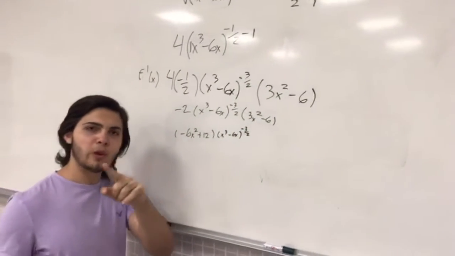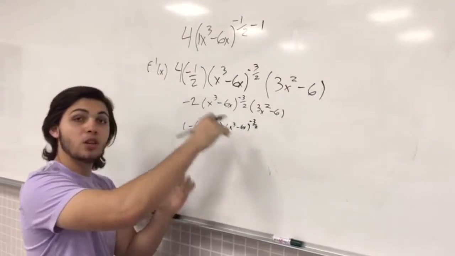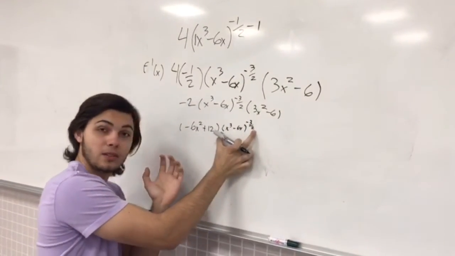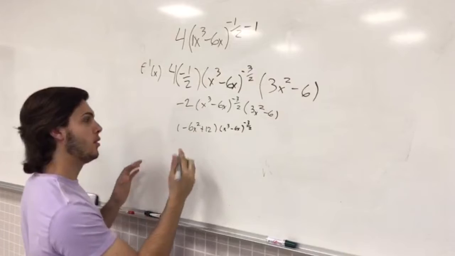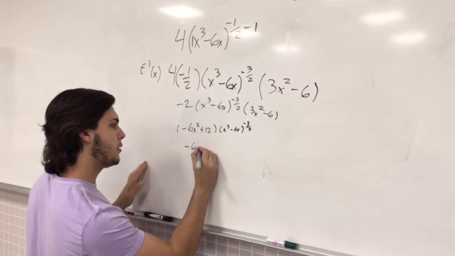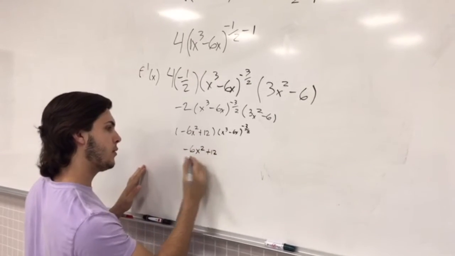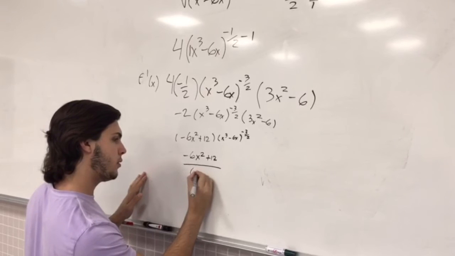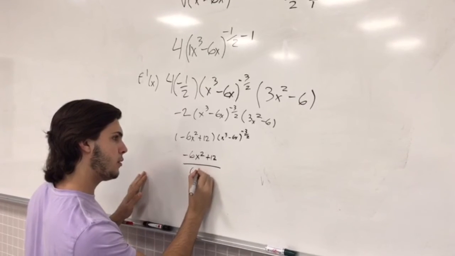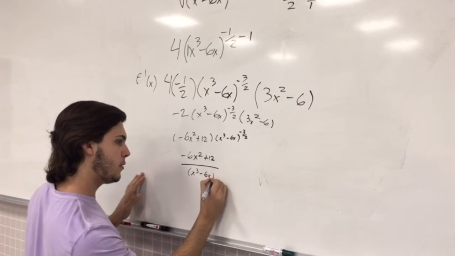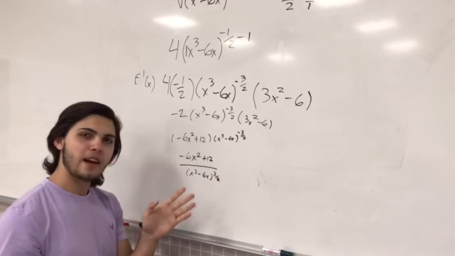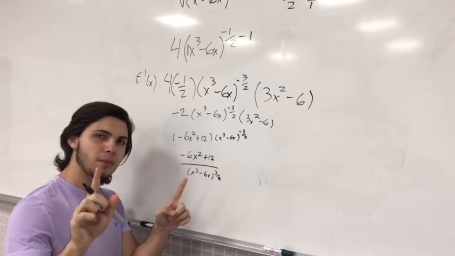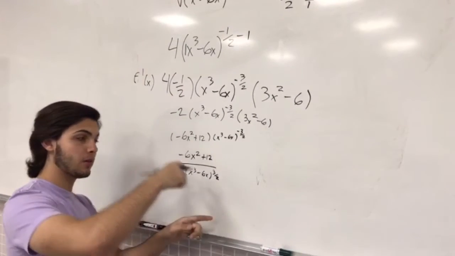Now, remember, we cannot have a negative exponent, so we're going to take all this fraction and put it below, just like this. Now, we can simplify this one step more by adding a square root.